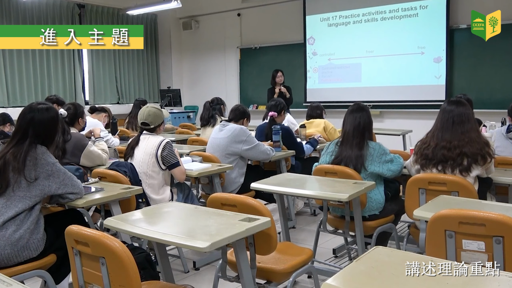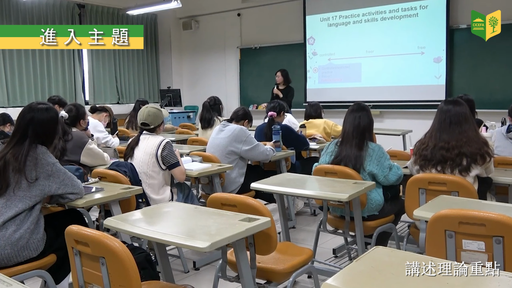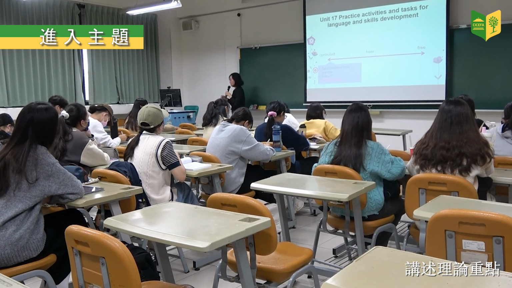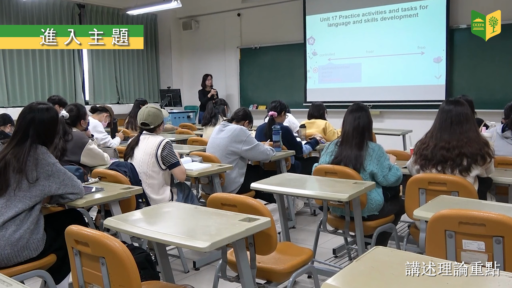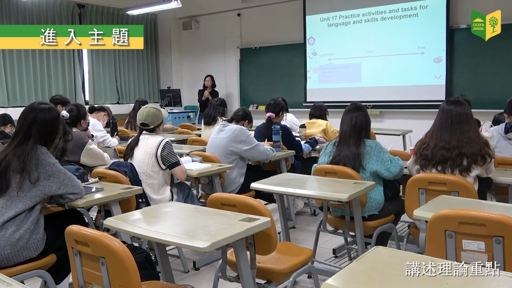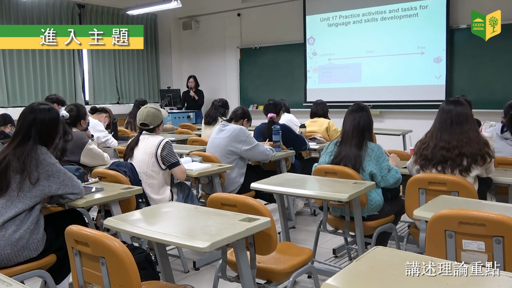So when there is a correct answer, then your focus is on accuracy because it has to be correct. So the purpose of the practice is accuracy. When it is about accuracy, then the practice is on the forms, for example, the grammatical forms, or that sort of thing.